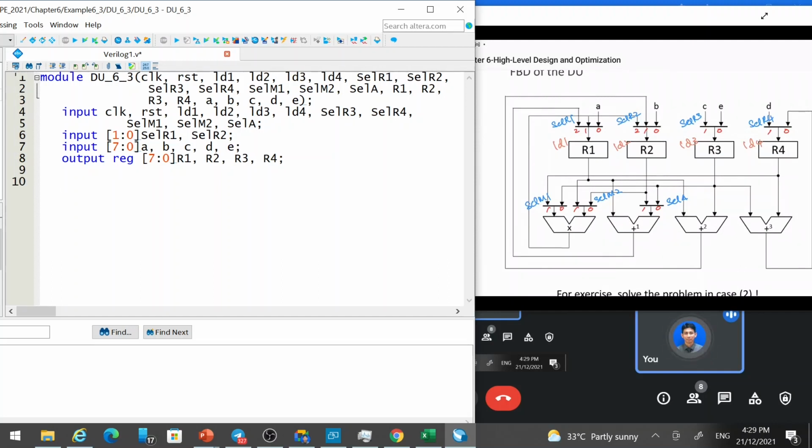And now we want to describe all of the components that we have here. So first will be this R1 with the multiplexer here. We call it R1, so we can use a sequential block.